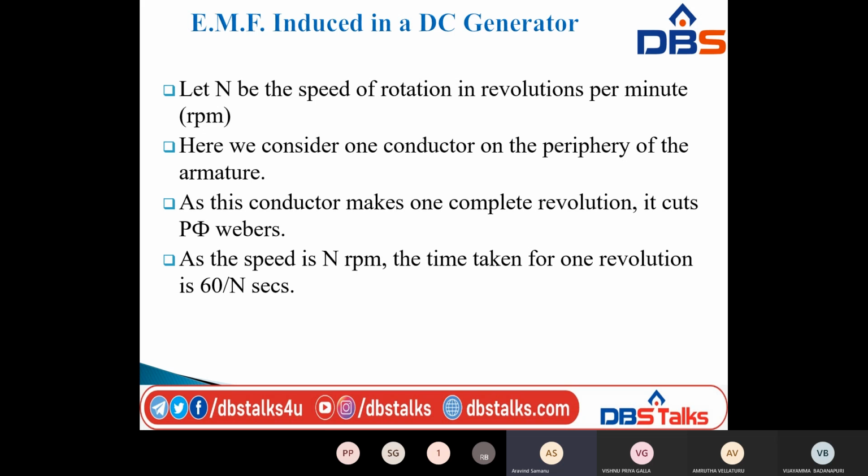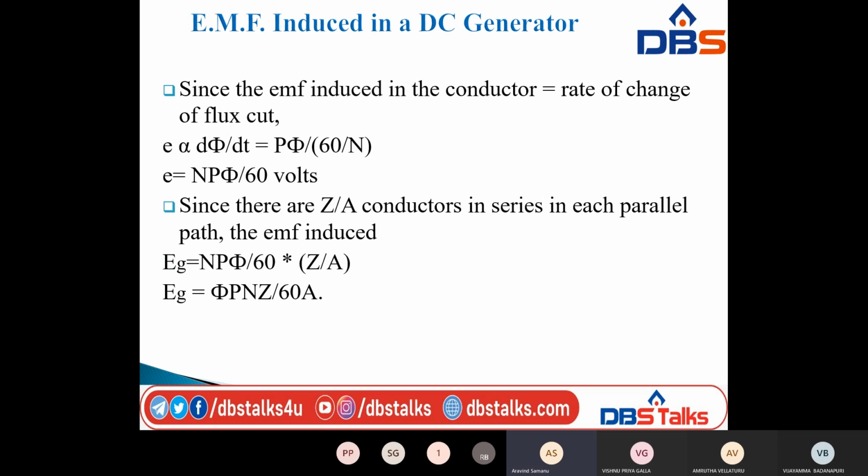Next, the formula. The EMF induced in the conductor is equal to the rate of change of flux cut. I already said that flux notation is phi. So the rate of change of flux cut is d phi by dt.